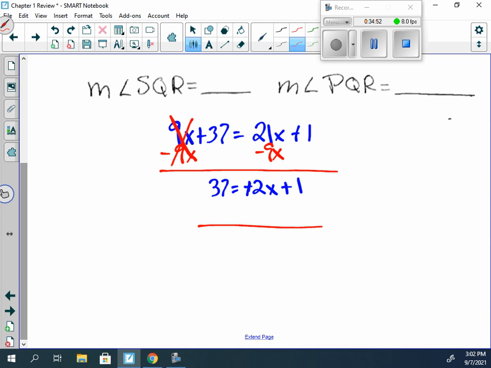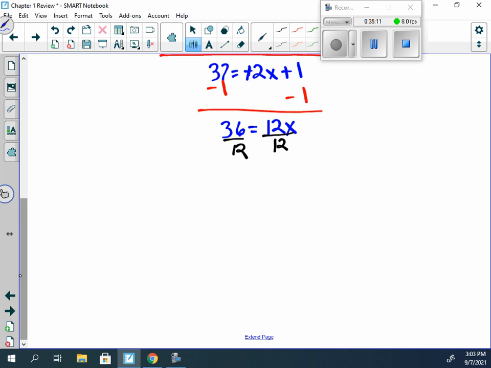What can we do next? We can subtract 1 from both sides, which tells us 36 is equal to 12x. And then the last thing we can do is divide both sides by 12. And we get that the value of x is 3.